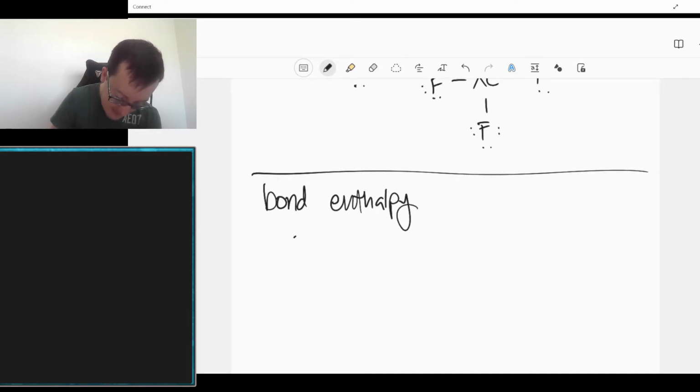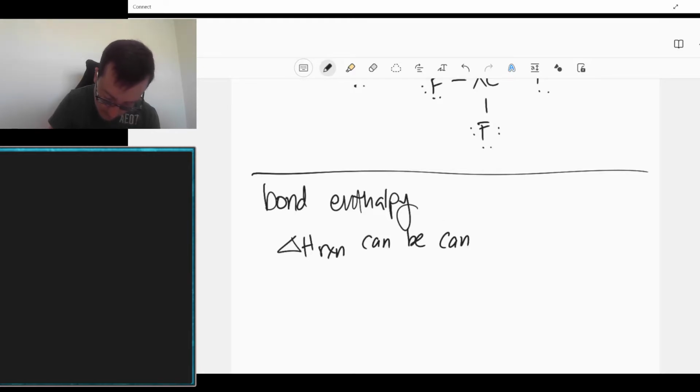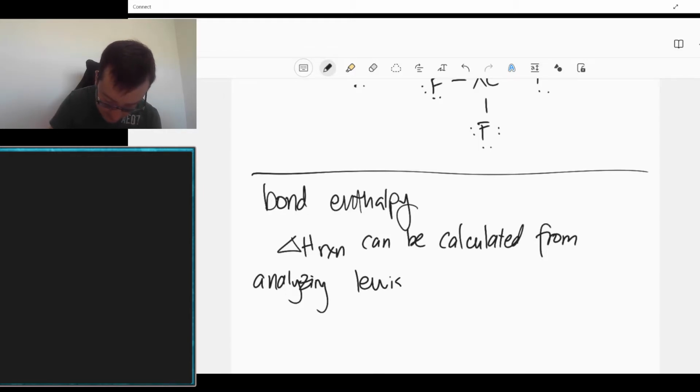We're going to see that the delta H for a reaction can be calculated from analyzing Lewis structures. And we might be able to say estimated as well.